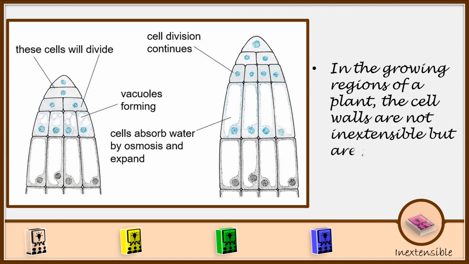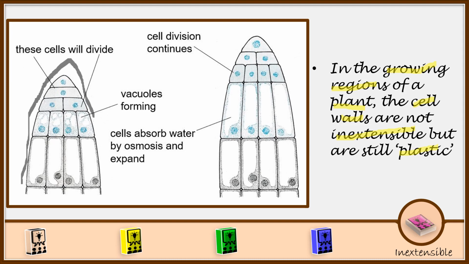In the growing region of the plant, the cell walls are not inextensible, but are still plastic. So we have here our plants which are growing.